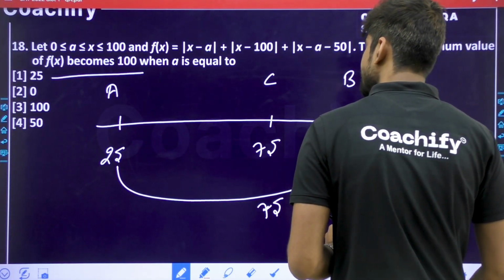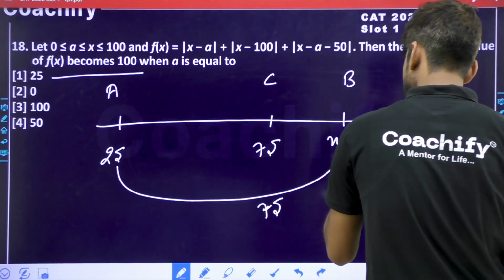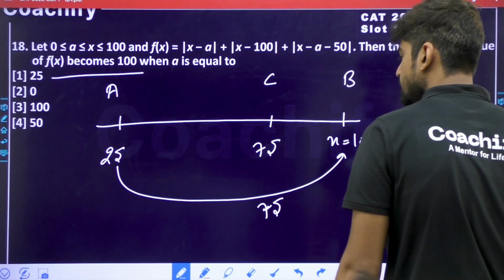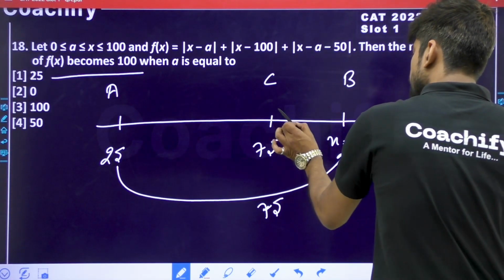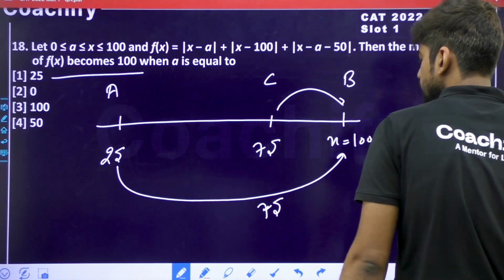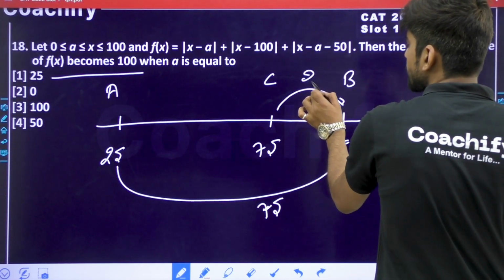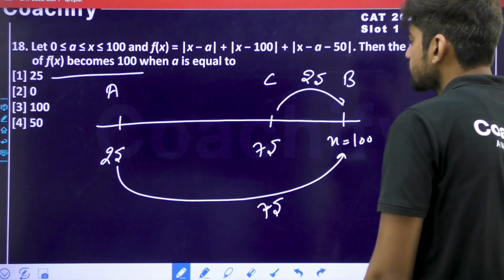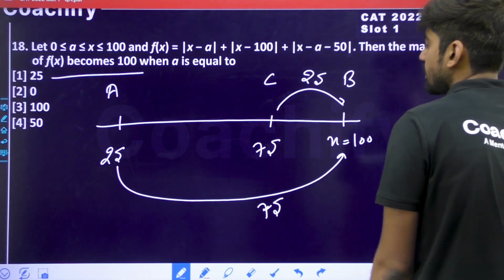Okay, let's say this friend is coming here, meeting him, this is coming out as 75. C is coming out here and meets B, and this distance is coming out as 25. So the sum of this distance is coming out as 100.